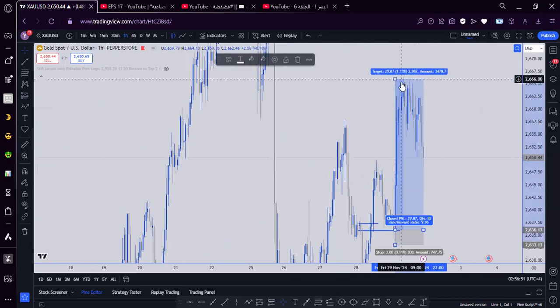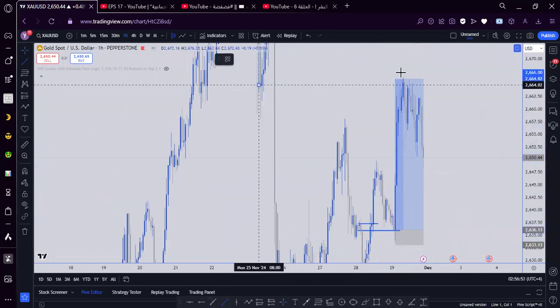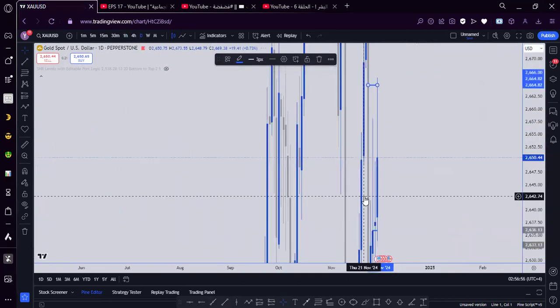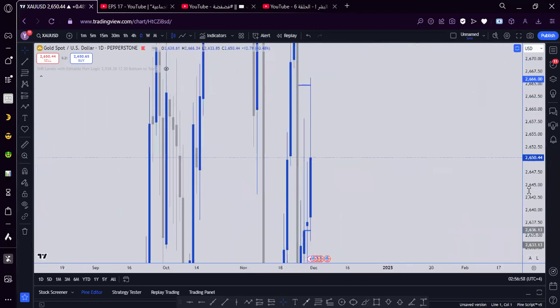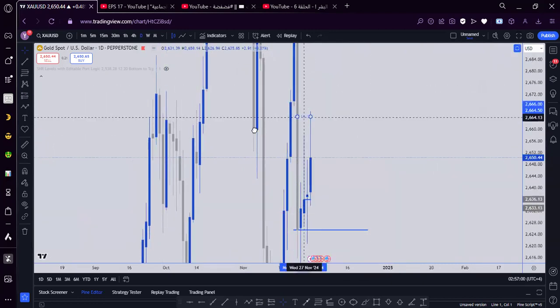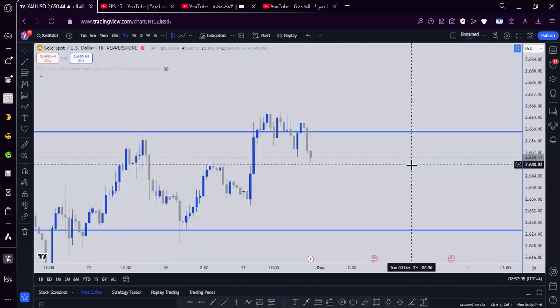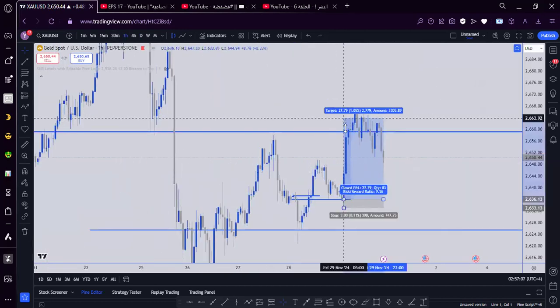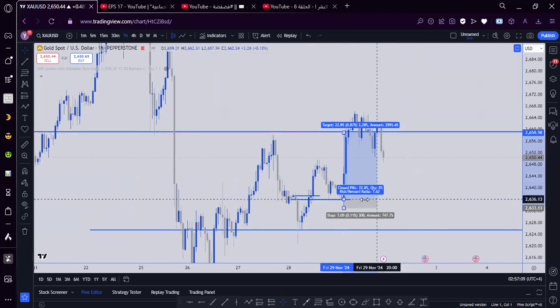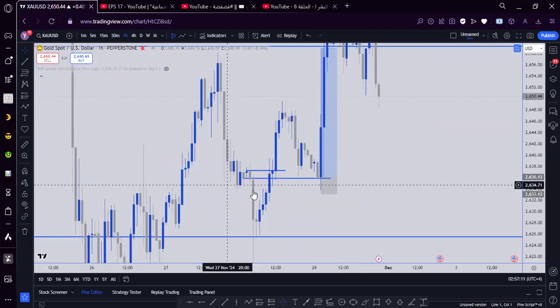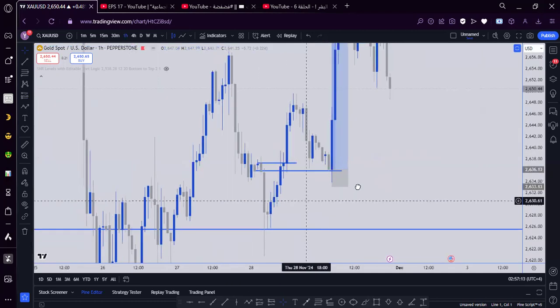Your TP is until the fresh daily level. That was a fresh daily level right here. Let's say it's just this fresh daily level. So this was your first TP, right here. Very, very simple. This was the first setup.